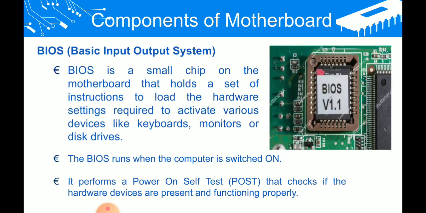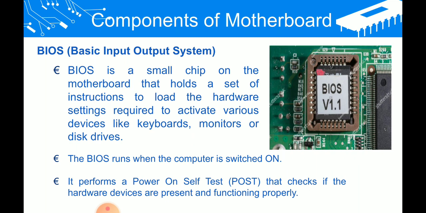Now let's see the next component, BIOS, that is basic input output system. It is a small chip on the motherboard again. It holds a set of instructions to load the hard drives or hardware settings. Hardware settings are required to activate the hardware devices such as keyboards, monitors and disk drives.